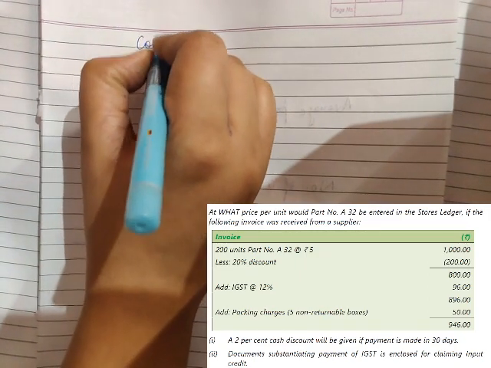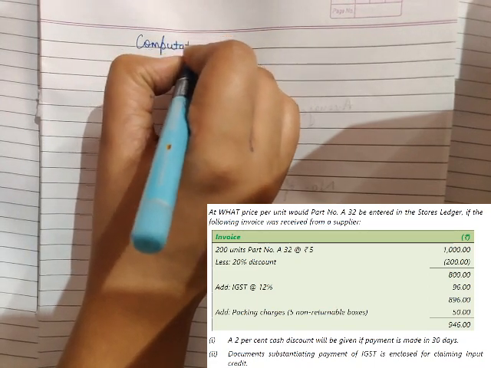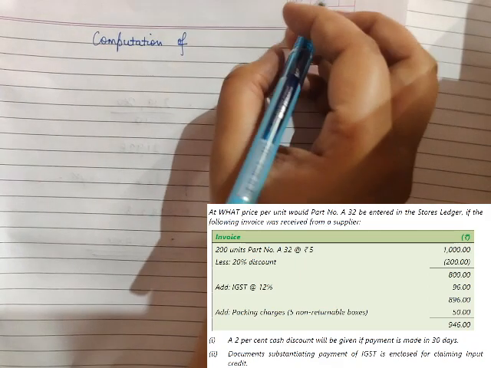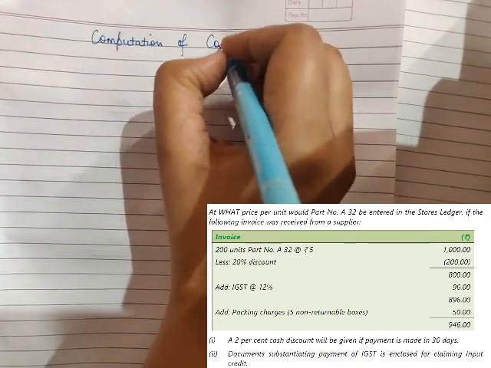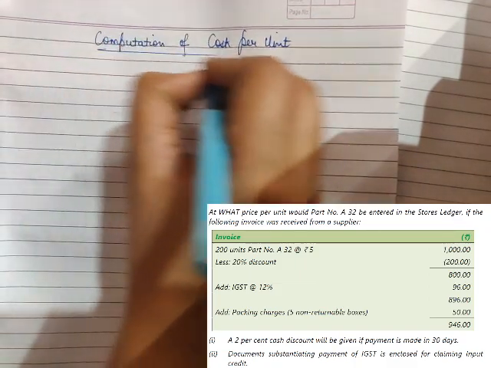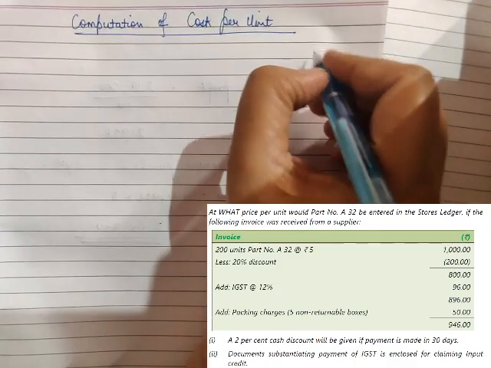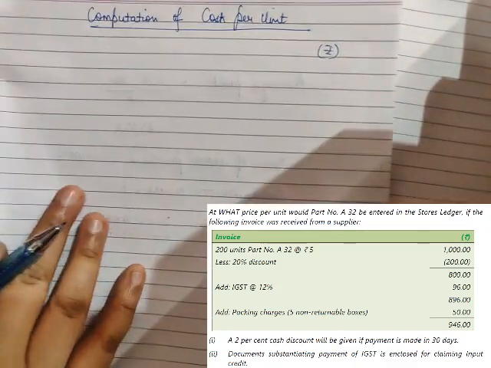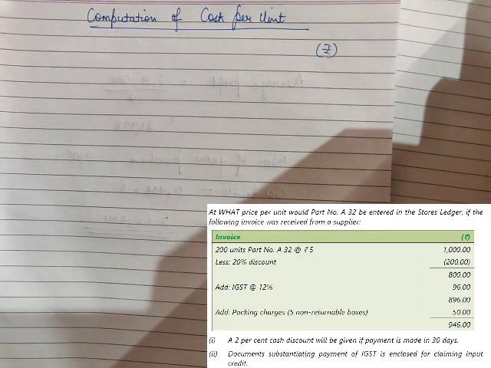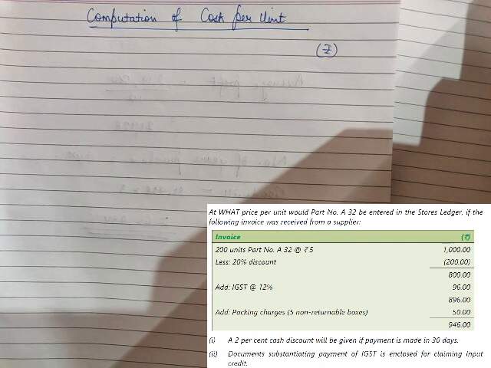So computation of cost per unit. Now since the trade discount has been reduced from the purchase price and is shown in the invoice, we are going to reduce it from our purchase price.